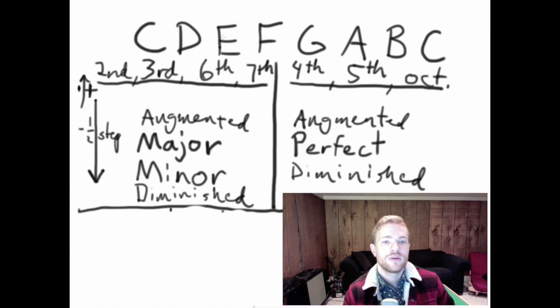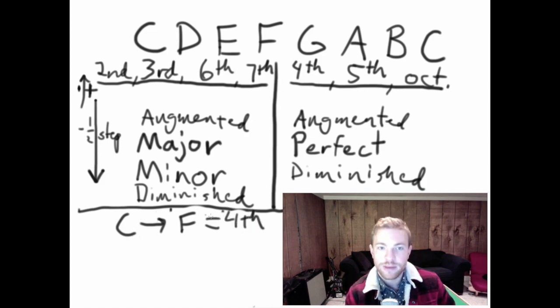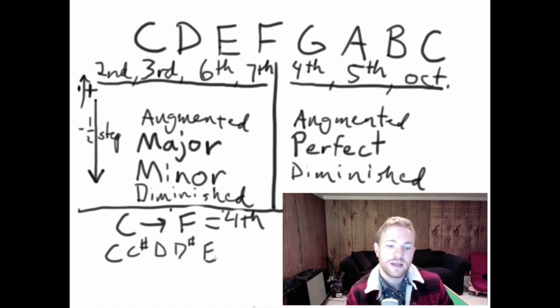If I have a perfect fourth, I know that that's the same length as C to F. It's a fourth because there are 4 alphabetical steps, C, D, E, F. And it's a perfect fourth because it's the same length as the fourth that is contained in the C major scale. And what is that length chromatically? Well, we have a C sharp, a D sharp, an E, and finally an F.